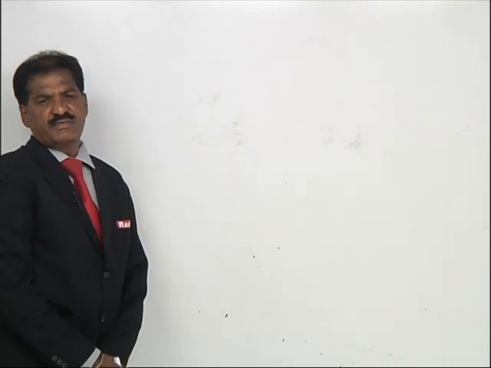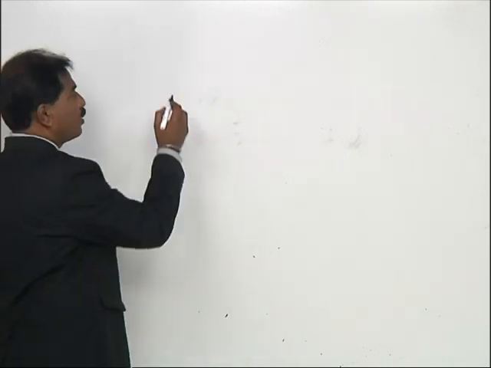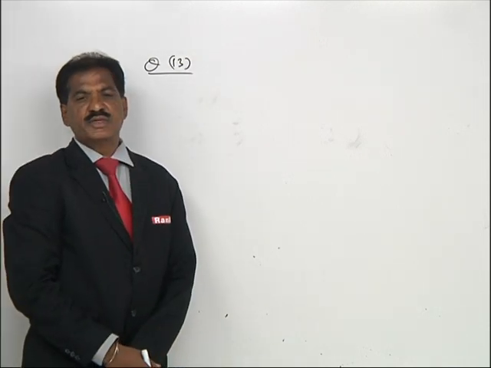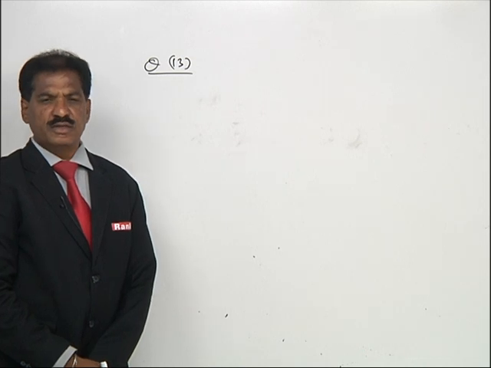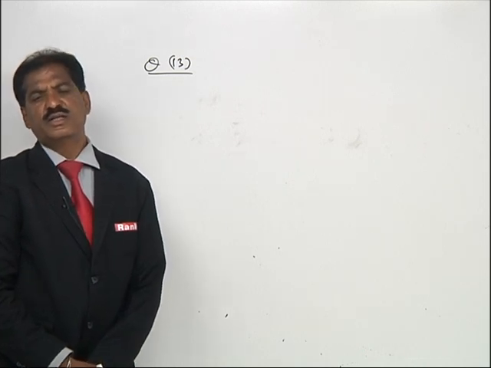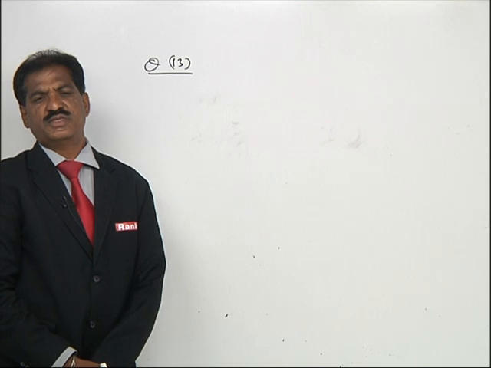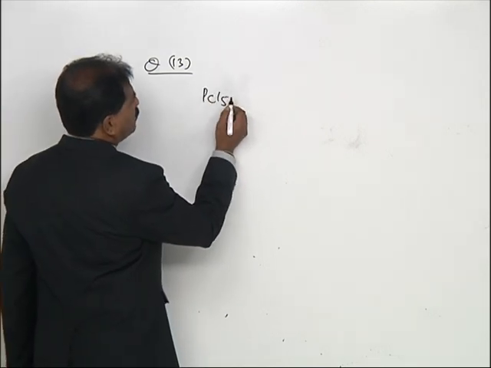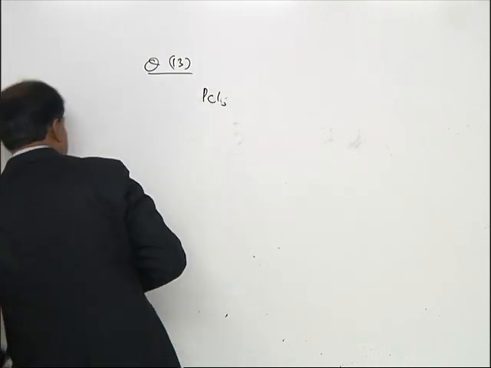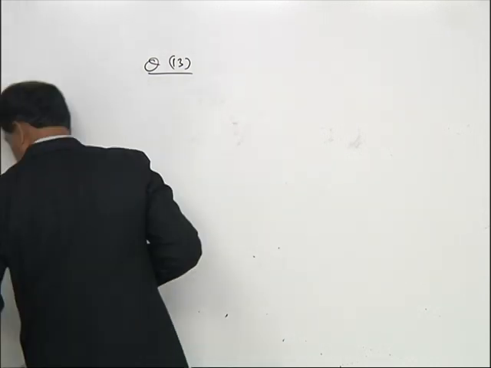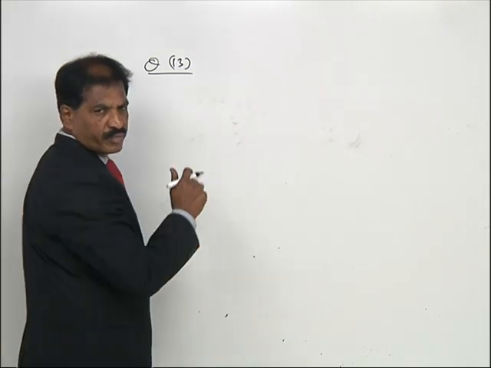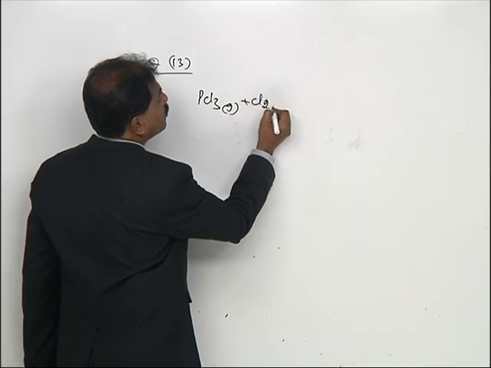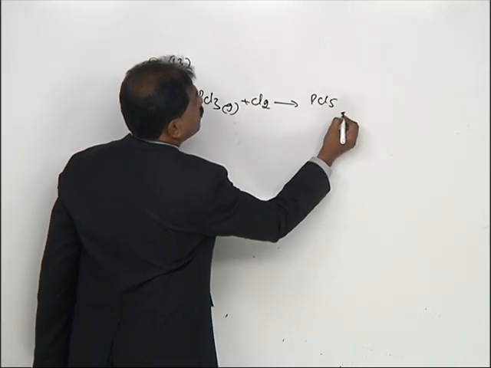Next, the relation between the enthalpy, question number 30. The relation between enthalpy change and internal energy change for the reaction PCl3 plus Cl2 gives PCl5 is. So I will represent the reaction PCl3 plus Cl2 gives PCl5.